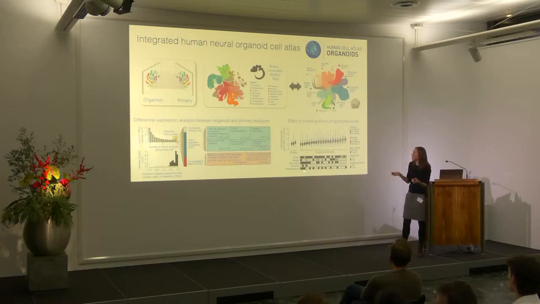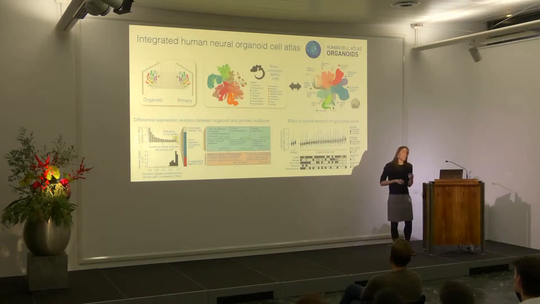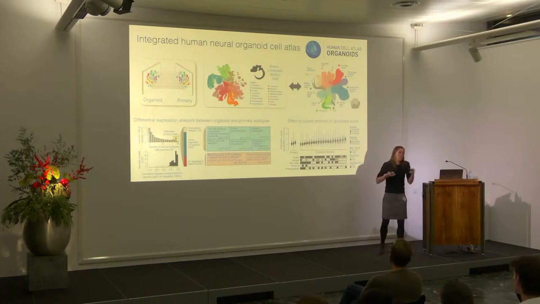And actually, we can see that there is an enrichment of having sliced organoids. There's not that many protocols, but they are really enriched for having low metabolic stress. And also, shaking them seems to also help, at least a bit. And so now we can really try to say, okay, this is maybe a feature of a protocol that we should use in the future for upcoming protocol developments.